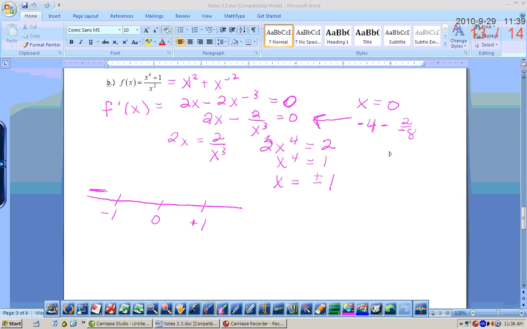Okay, how about a negative 1/2? It's going to be negative 1 plus 16. Positive 1/2 is going to be 1 minus 16. That's negative. And 2 would be positive.